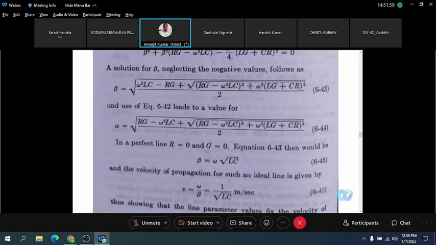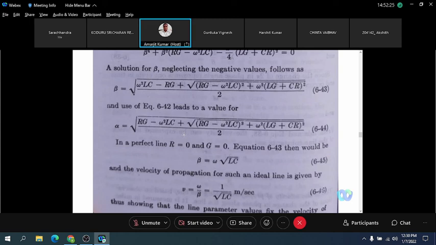Now put R equal to 0 and G equal to 0. Then what will be alpha and beta? Alpha should be 0. You verify: R is equal to 0 and G is equal to 0, so this should be 0. Is it 0 or not?